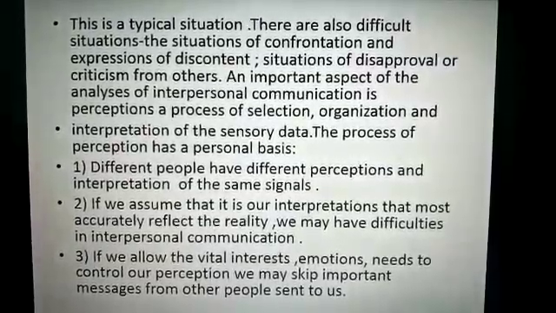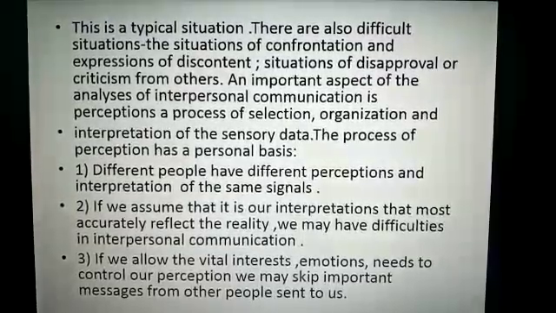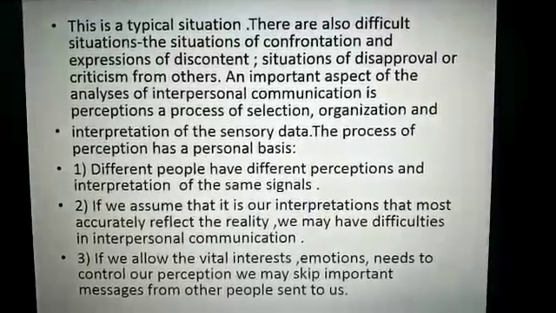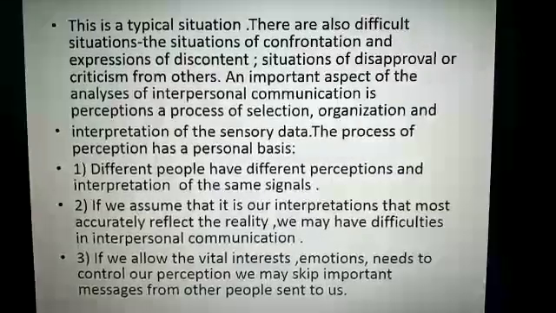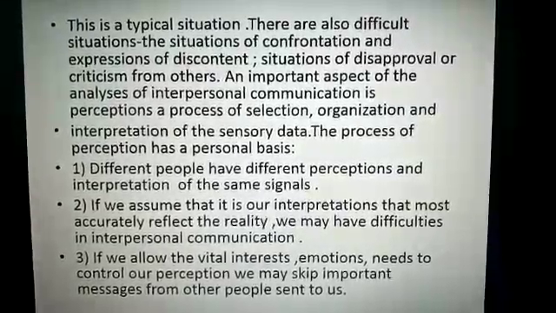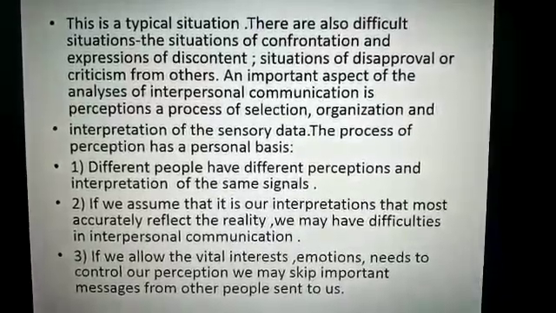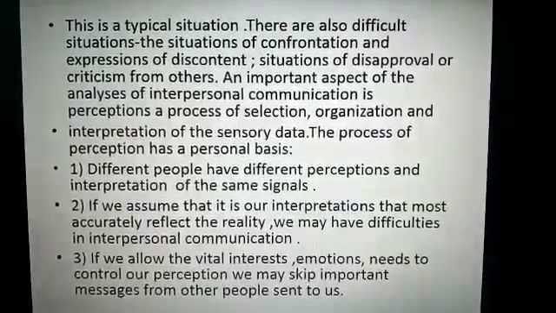An important aspect of the analysis of interpersonal communication is perception as a process of selection, organization, and interpretation of the sensory data. There are some rules following which will organize the management of one's perception. The first rule: the process of perception has a personal basis. Different people have different perceptions and interpretations of the same signals.